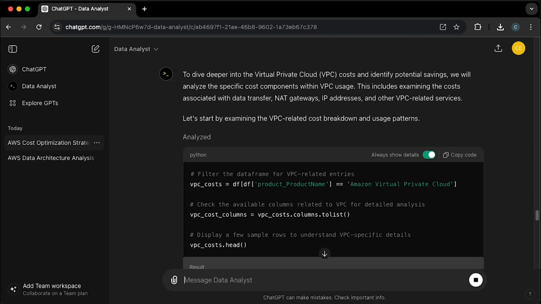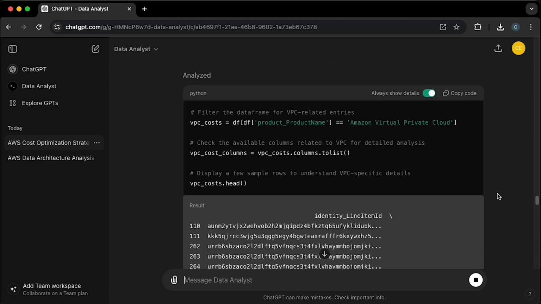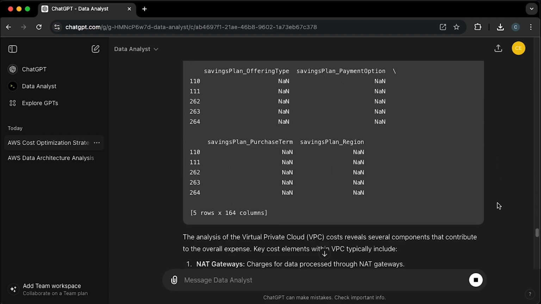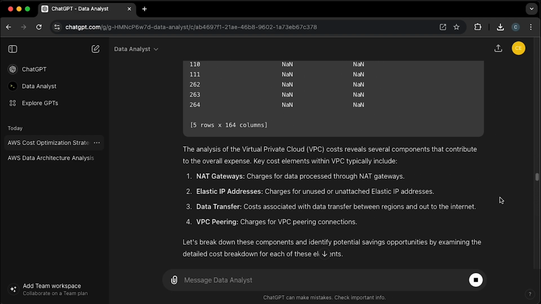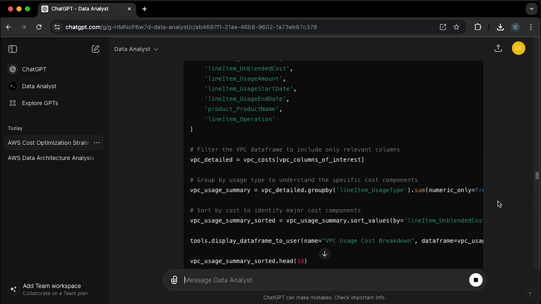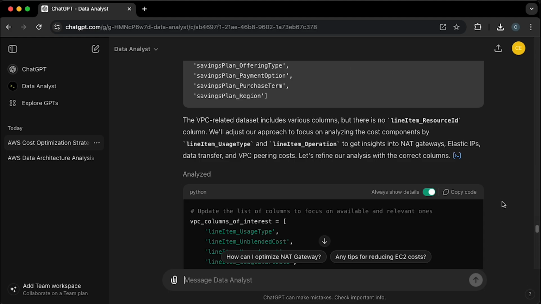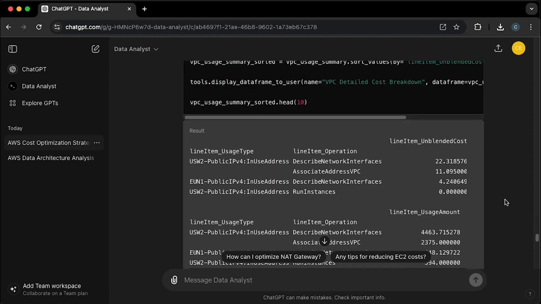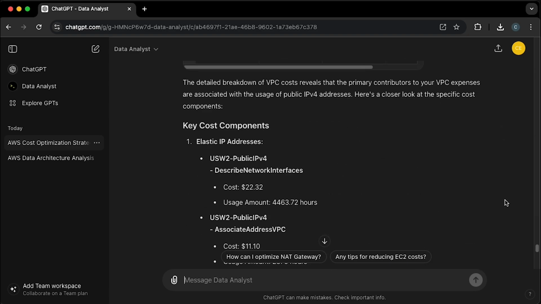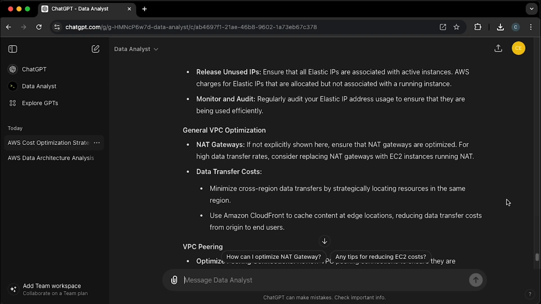So it's taking a similar approach to analyze just the VPC cost this time, and it is using data from the CUR report to identify the top usage types and the totals for each usage type, which do appear correct in this case.